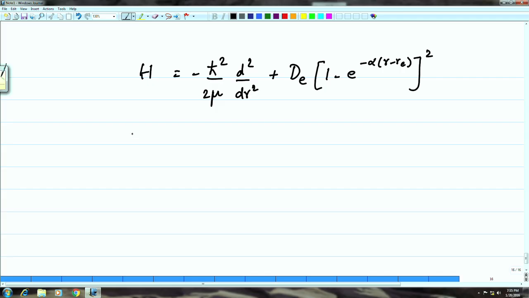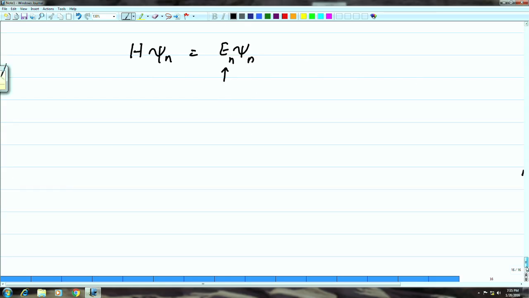The wave functions, H psi n is equal to E n psi n, actually have closed form solutions, that is, analytic solutions, given by Philip Morse and later corrected by Professor ter Haar.